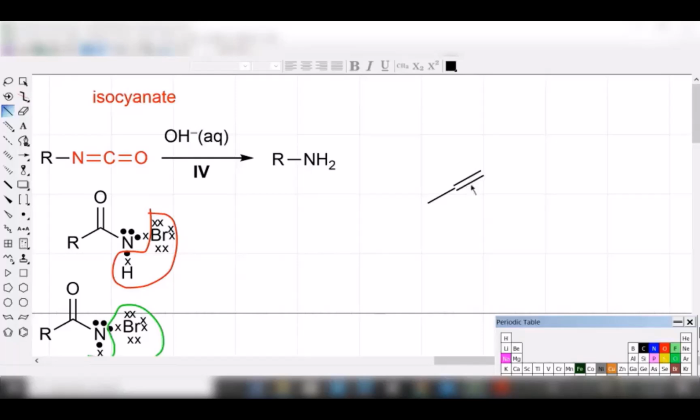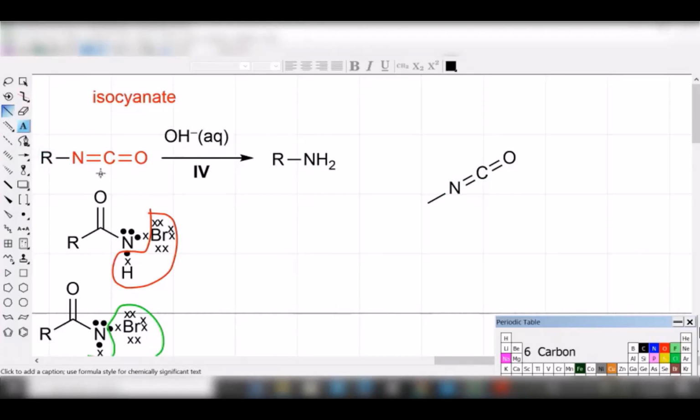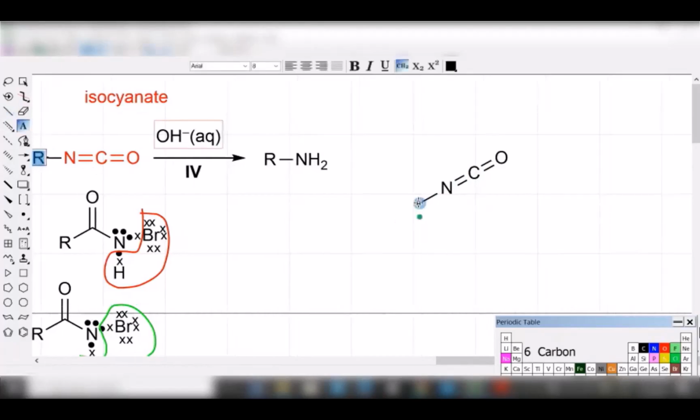Okay, I'm just going to draw it out first. O, you have an N, and then you have a C, and then you have an R here. Okay, it is important, right?